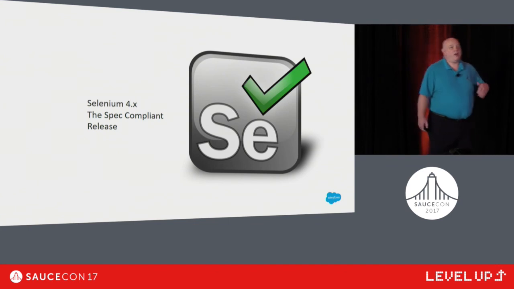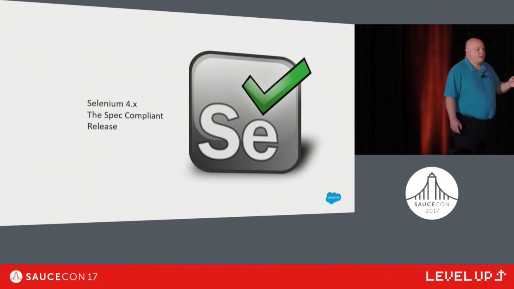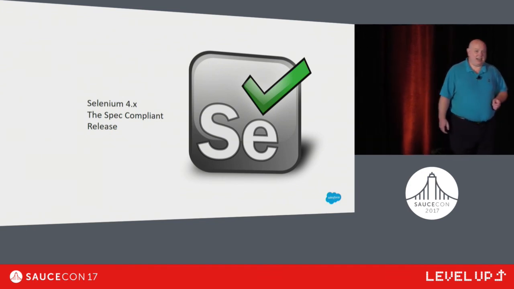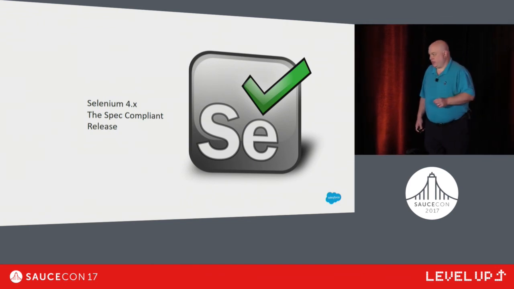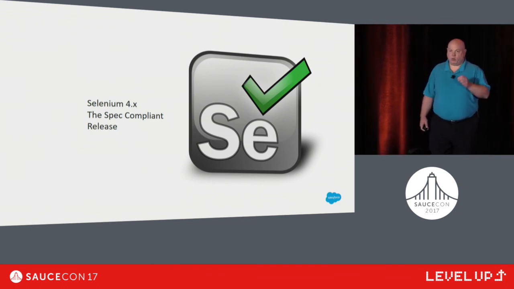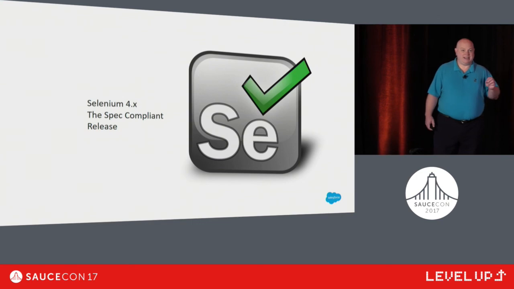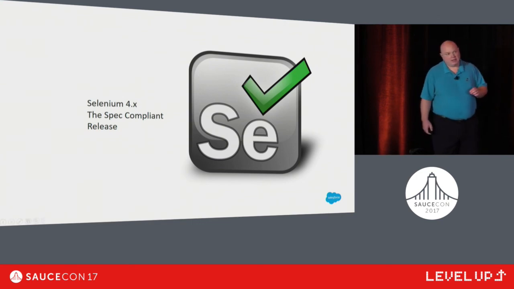While the OSS dialect of the protocol is very forgiving and lets you put just about anything into that payload, the W3C dialect of the protocol is much less forgiving. It's much more regimented about what you can put in that payload.